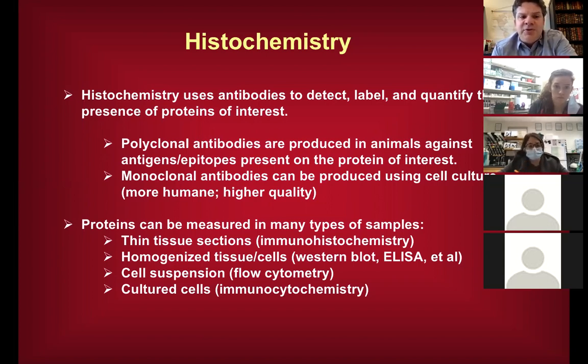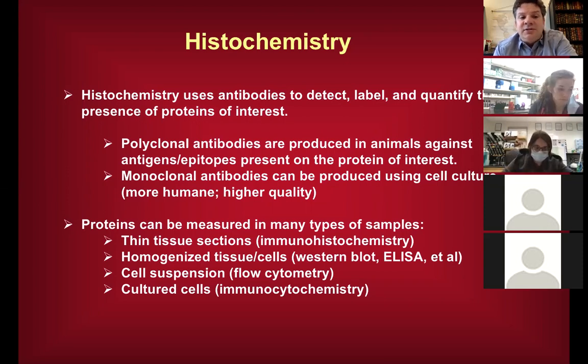So people use histochemistry approaches to look at tissue sections. Can you look at a microglia or an oligodendrocyte in the brain using protein? That's immunohistochemistry. You can detect protein by Western blot. That's homogenizing tissue, denaturing it, putting it on a gel, and then looking for protein expression.